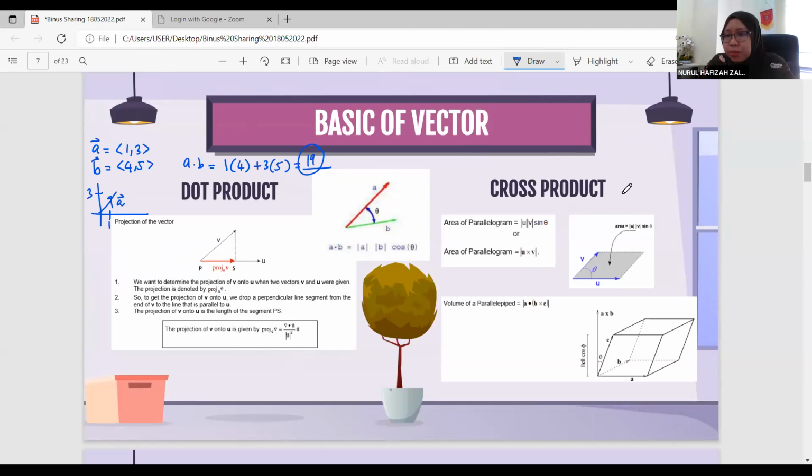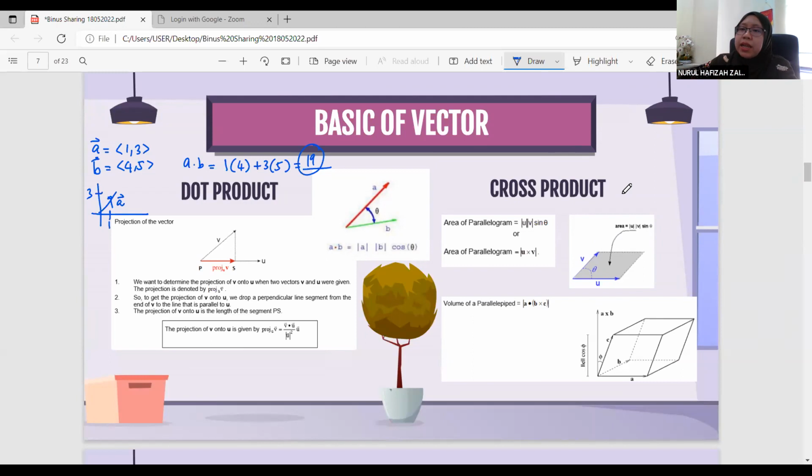And then how about cross product? Maybe you want to design a house. Say you have a plane, and you want to find the cross product. You learn about vectors, right? This is vector U, this is vector V, and they are on a plane.